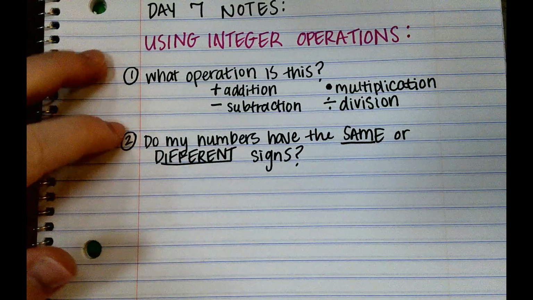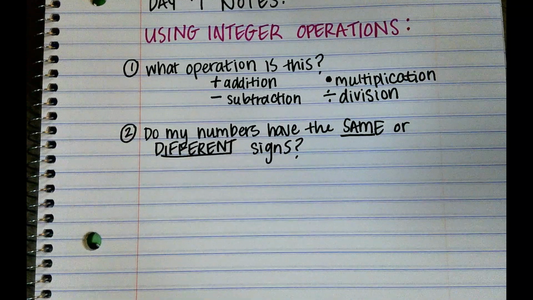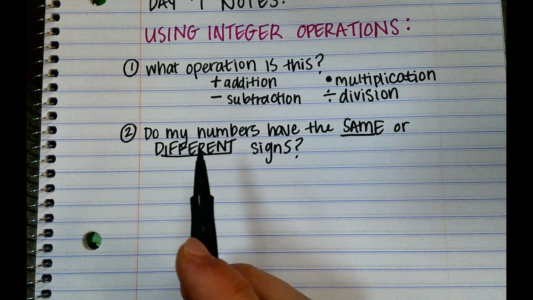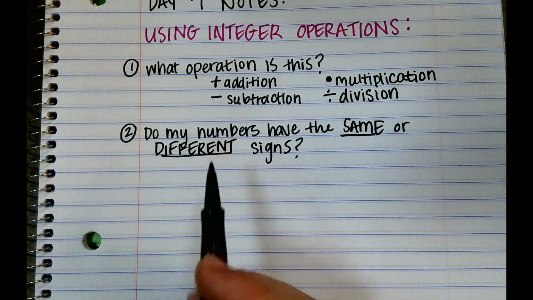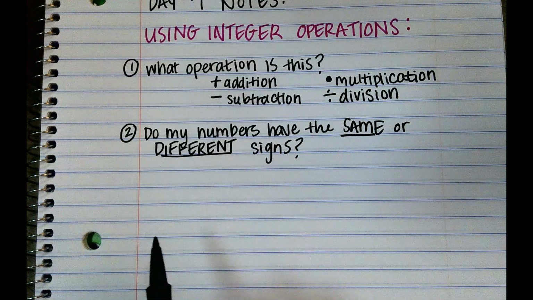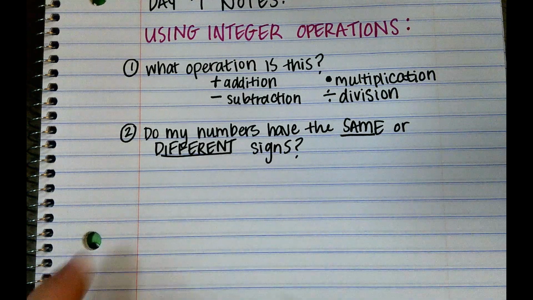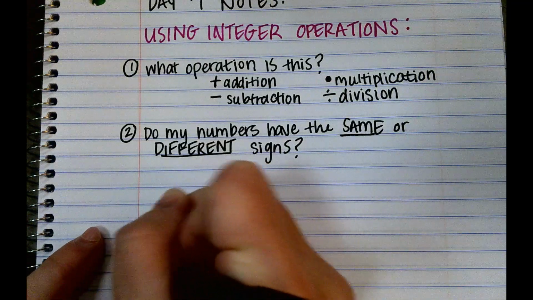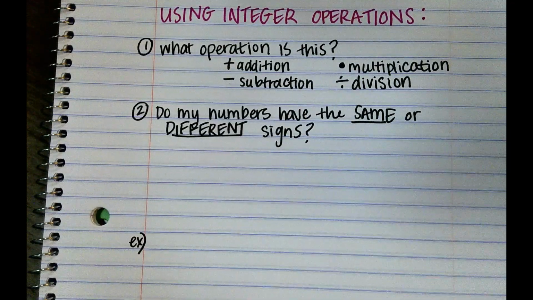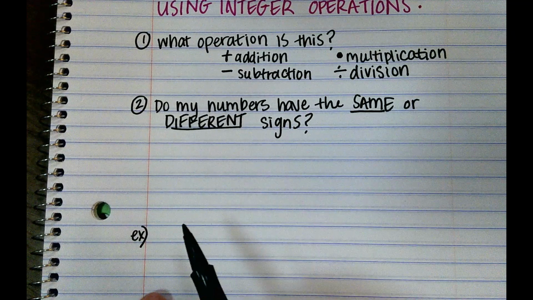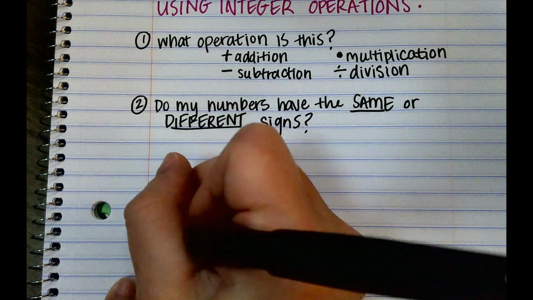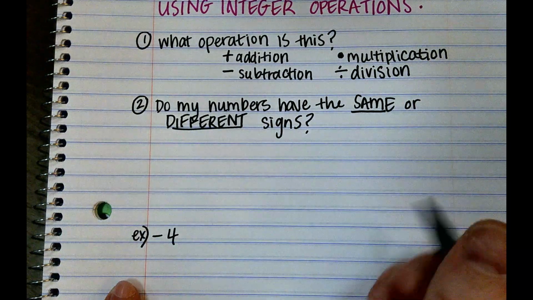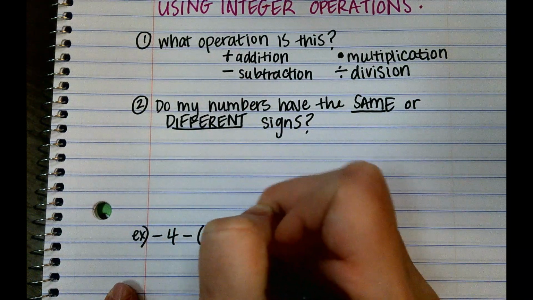So I'm going to have these two things written out, and I'm going to use an example from that do now. That first one, we struggled with it a little bit. So I'm going to write that first problem out: -4 minus -3.